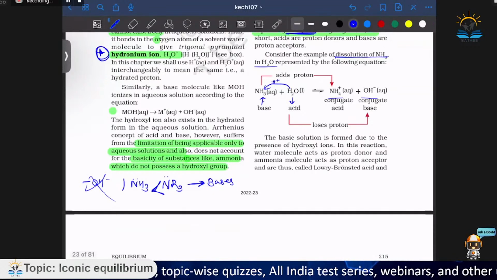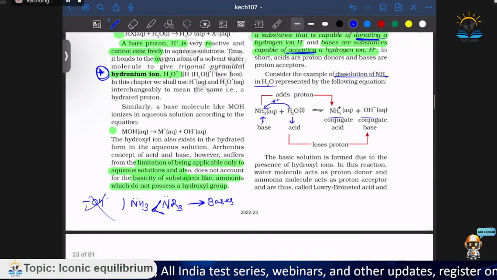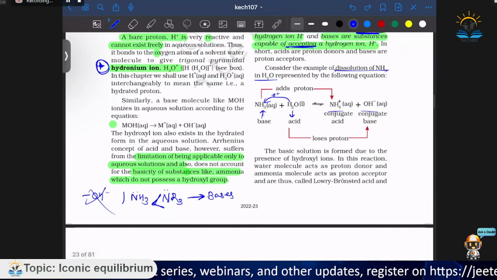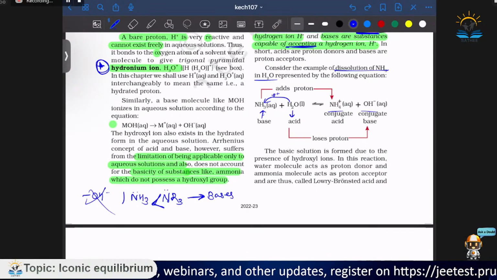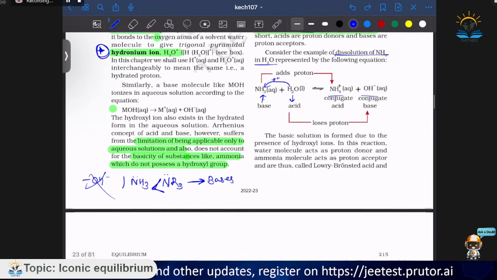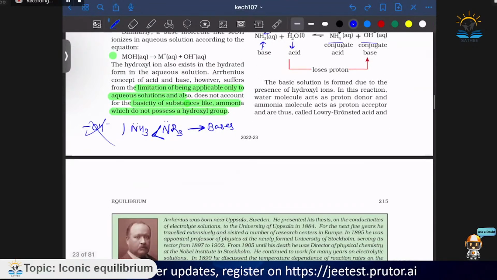The previous limitation, I think, has been overcome here. Okay, although still in aqueous solution, for substances like ammonia, for which you cannot say that they have hydroxyl ion, their basicity is being accounted for just by saying that they are accepting the hydrogen ion from water.